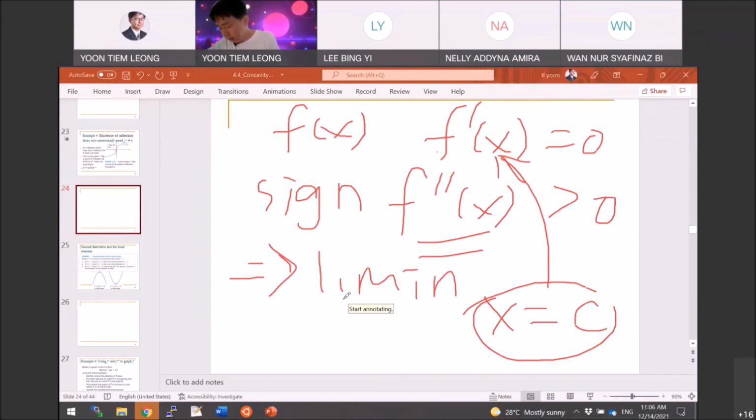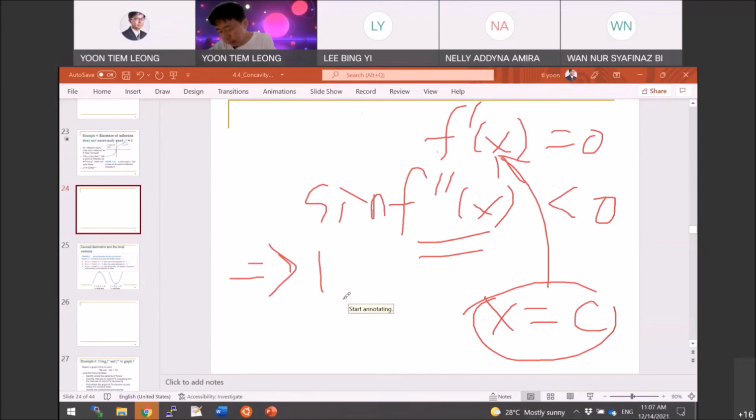On the other hand, if the sign of f prime prime is negative instead of positive, then that would correspond to a local maximum.